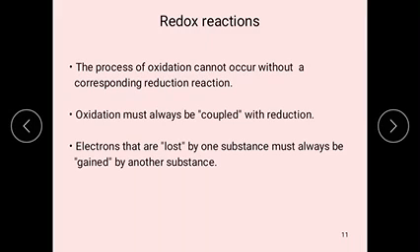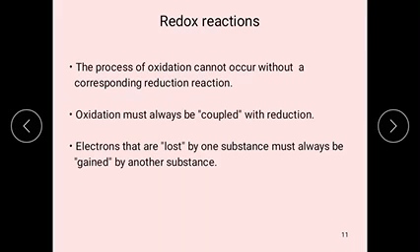In a single reaction, when both oxidation and reduction reactions occur, that is called a redox reaction.